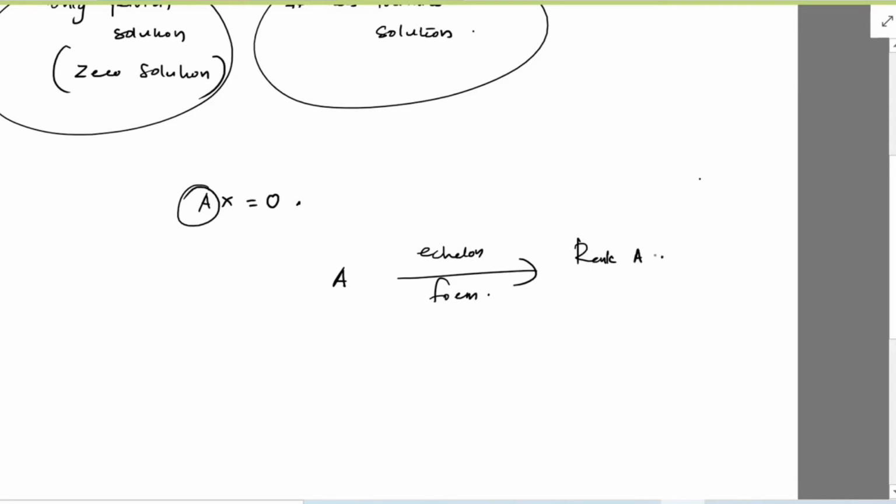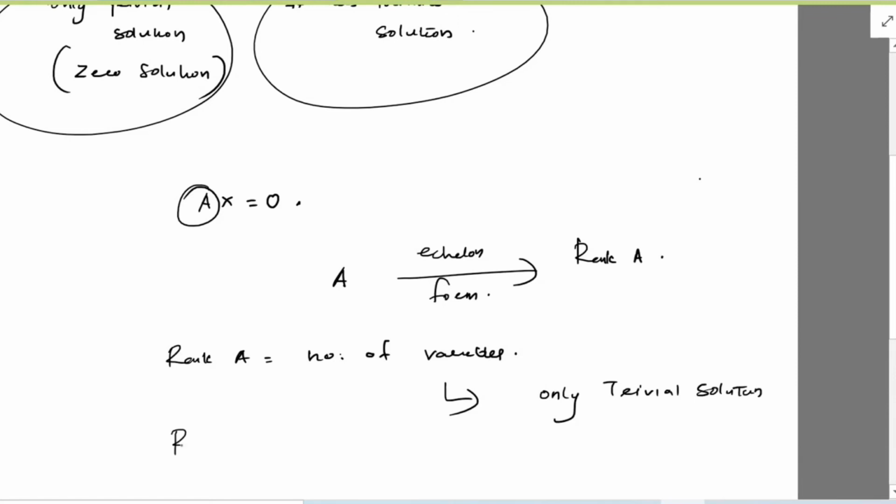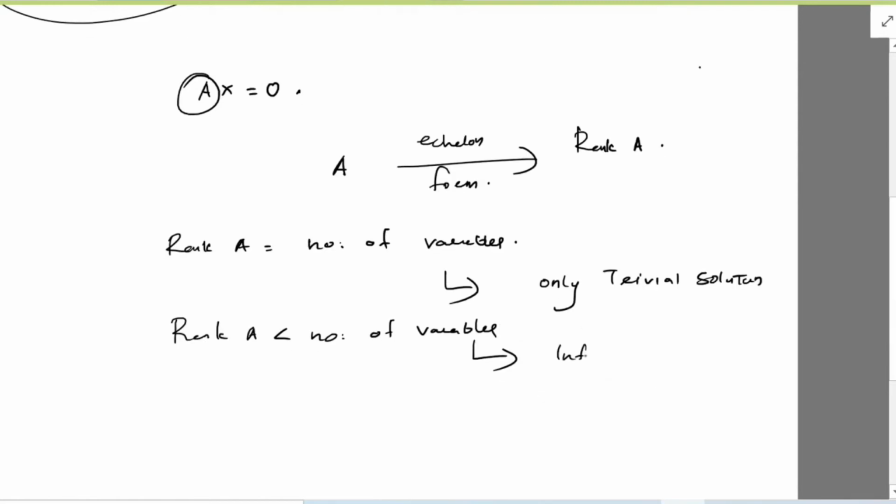If the rank is the same as the number of variables, then that system has only the trivial solution. If the rank is less than the number of variables, then that system has infinitely many solutions.